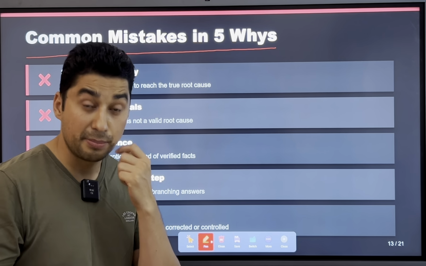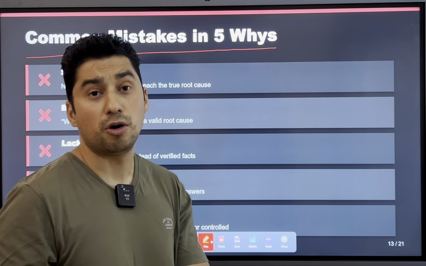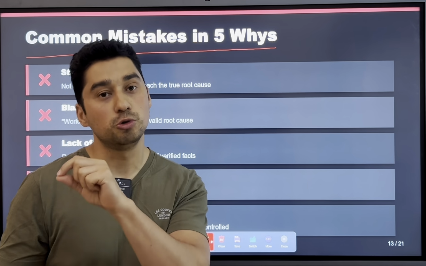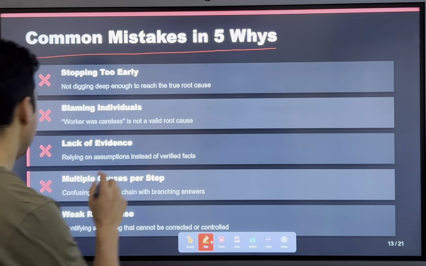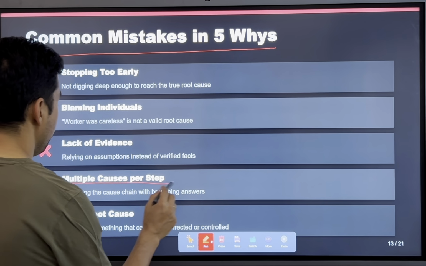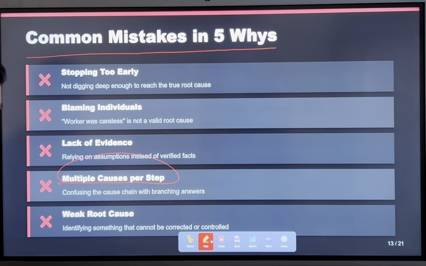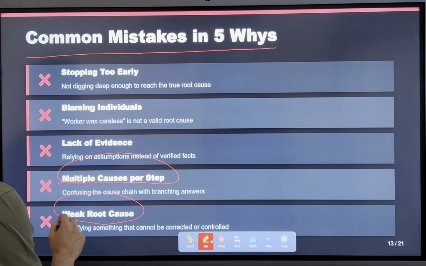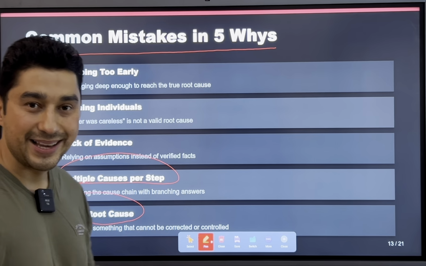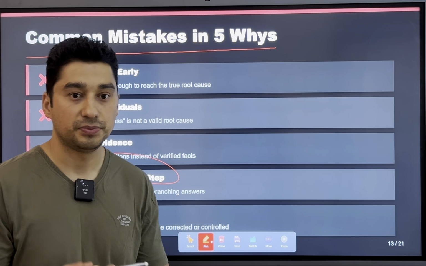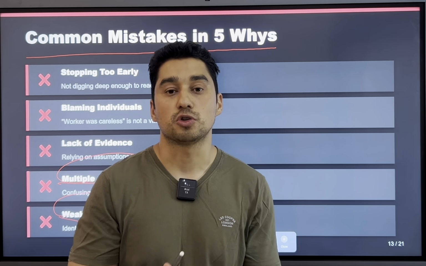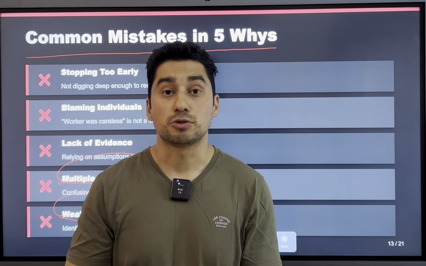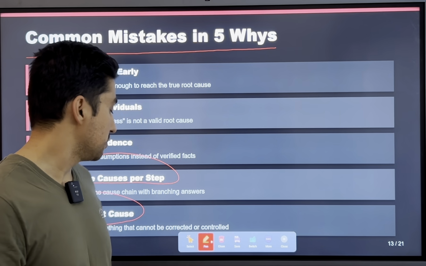Never identify multiple causes. There should be only one, that will be the real root cause. And whenever you are identifying the root cause, never identify any weak root cause. Your root cause should be the strong one, which causes the incident or accident. So these mistakes will reduce the effectiveness of investigations. That's why never commit these mistakes.